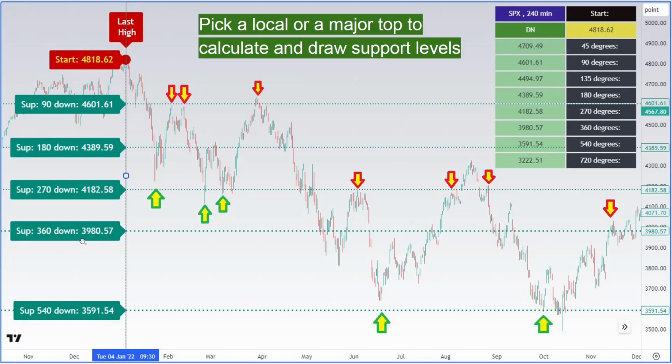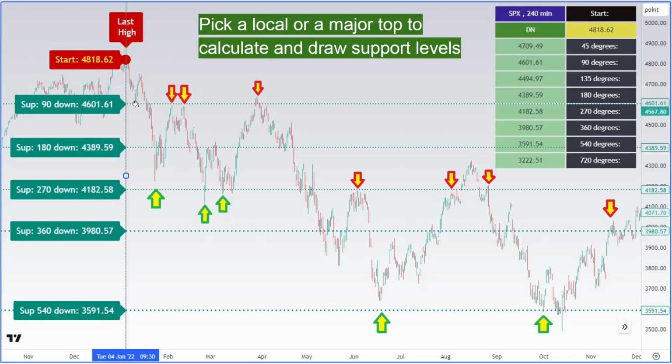But you should understand that every big move starts from small moves. This is why, when you start expecting a move down, you focus on 45 degrees down and 90 degrees down. And look, once price drops to 90 degrees down, immediately you get a strong pullback.